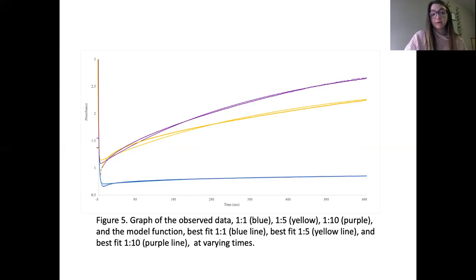The yellow dots are observed for the 1:5 molar ratio, and the yellow line is its best fit. And the purple dots again are the observed for the 1:10, and the purple line is our global best fit that we were able to determine.